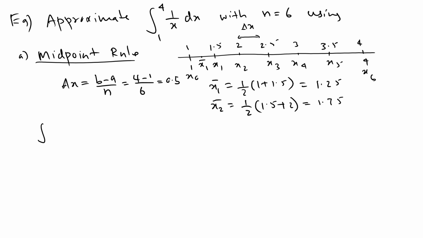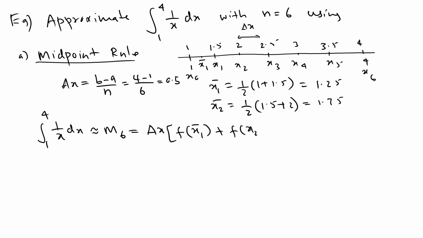So we know that the integral from 1 to 4 of 1 over x dx is approximately equal to M6 as a midpoint rule, which is delta x times what we're going to evaluate at the midpoints: f of x1 bar and then f of x2 bar, like that.